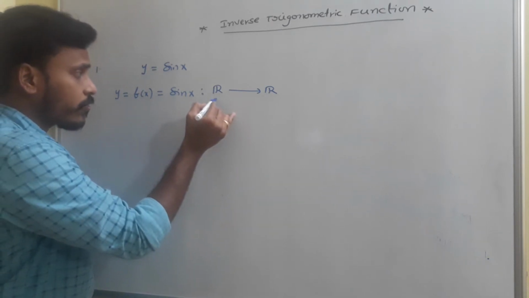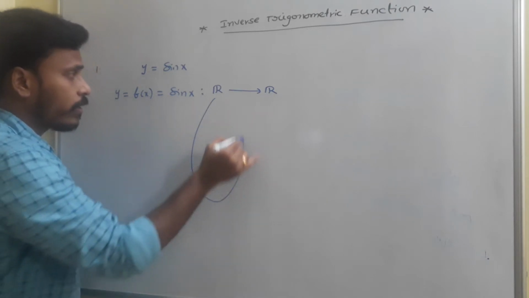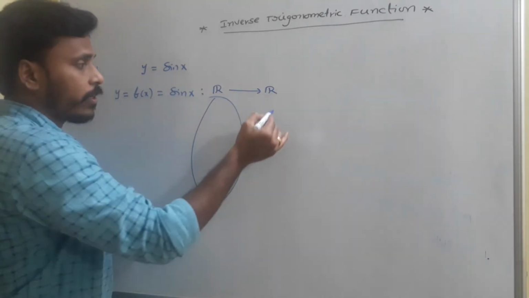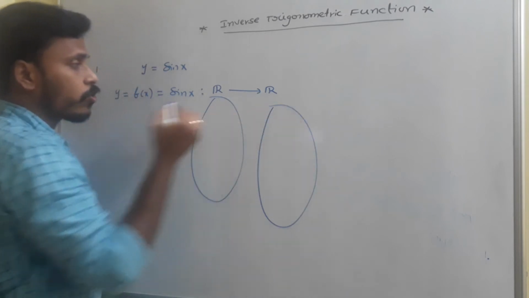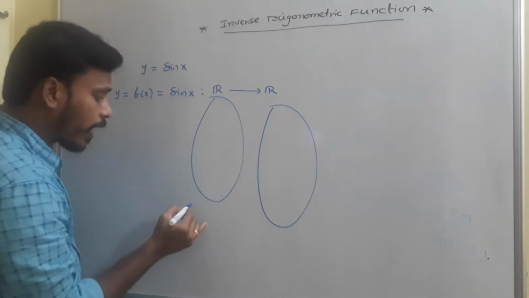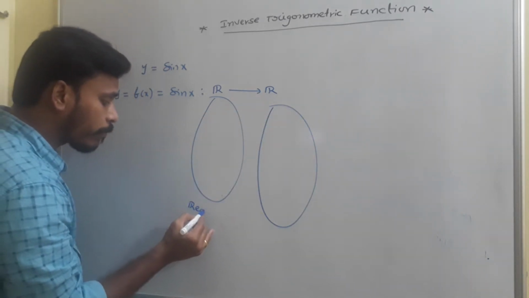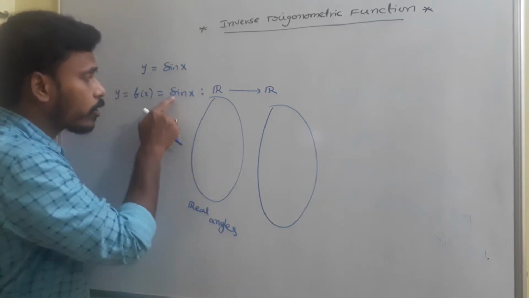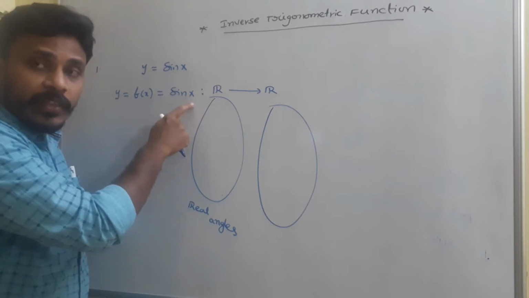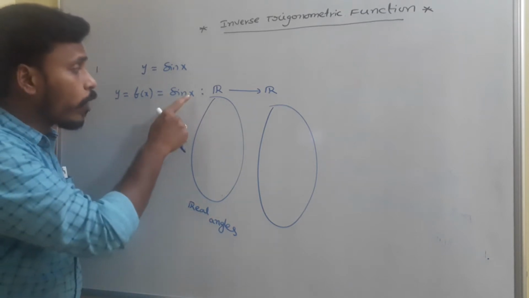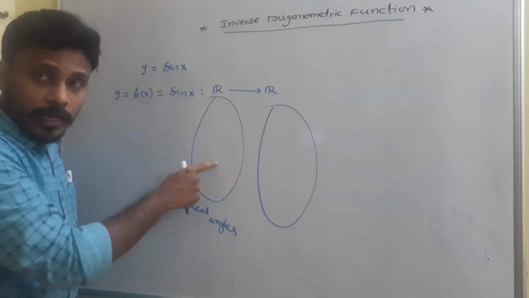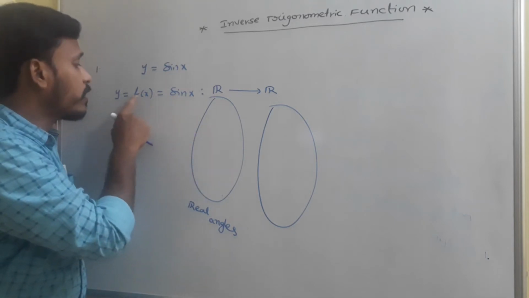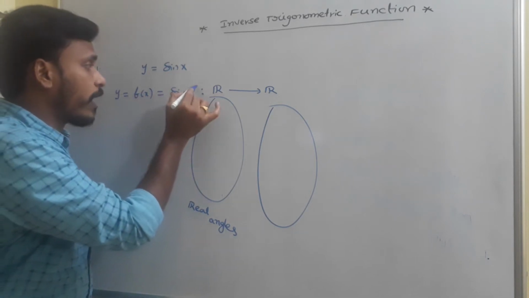The first set is real numbers. We have a collection of real numbers in the first set, and a collection of real numbers in the second set, and we call these real angles, because to find sin x, that x should be an angle. So the input x is from the real numbers, and y is equal to f of x is equal to sin x radians.